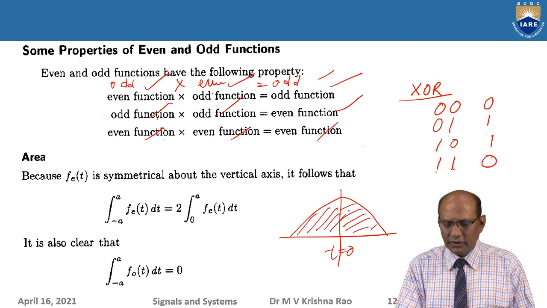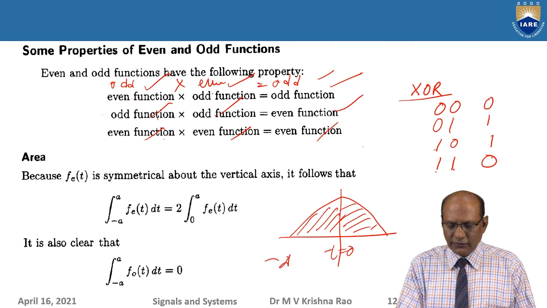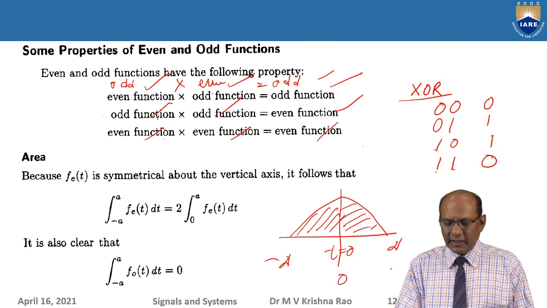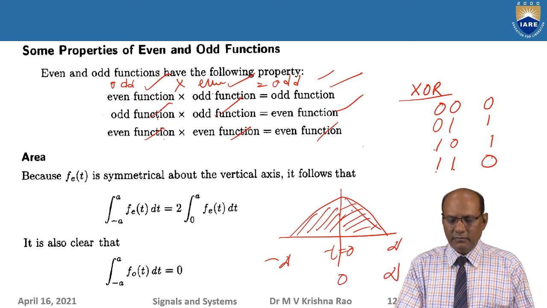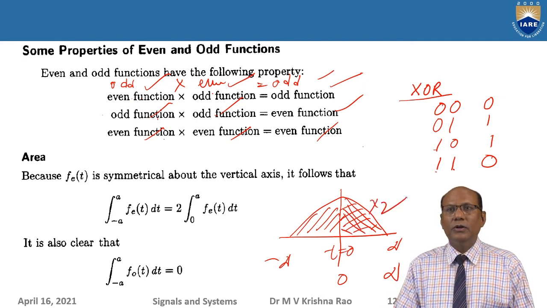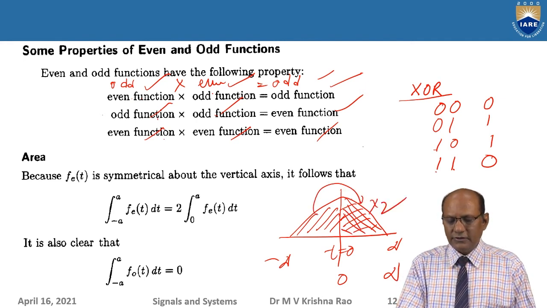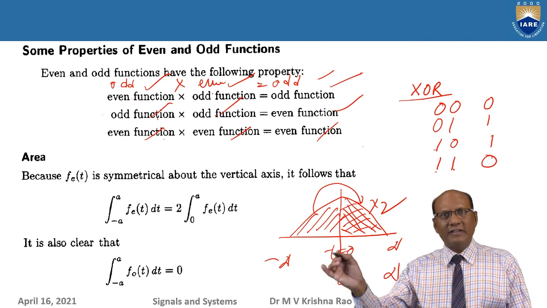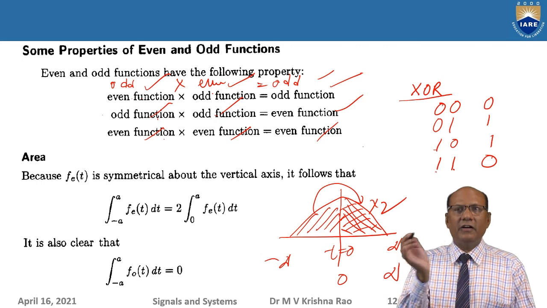If I take minus infinity to plus infinity here, this is the area I want. Instead of that, I can take between 0 and infinity, and multiply this by 2 to incorporate this area. So I am doubling the area, taking only one side because it is an even function. I need not take both.